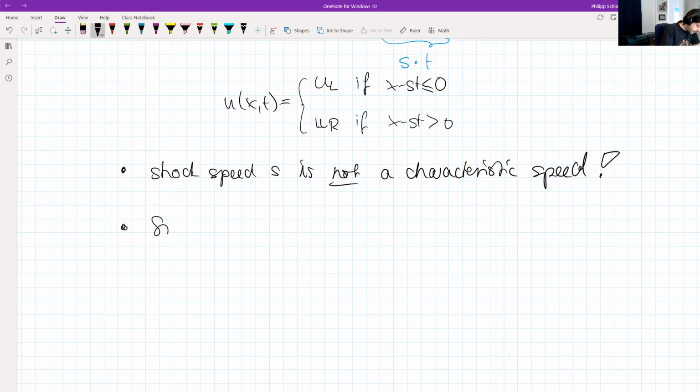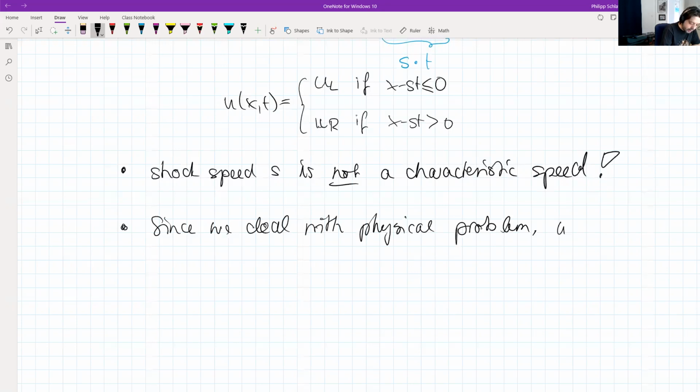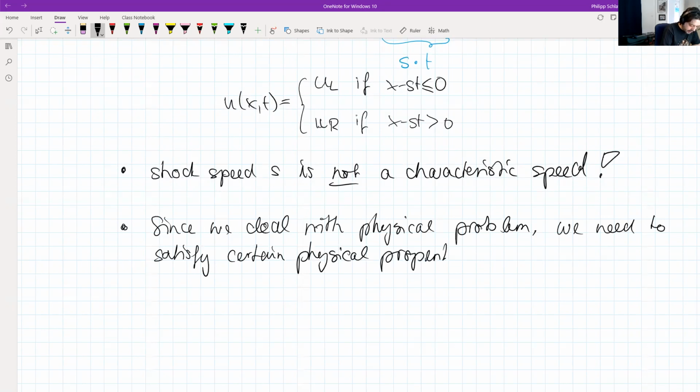That means, since we deal in the end with physical problems, we need to satisfy certain physical properties, even when we have discontinuous solutions.